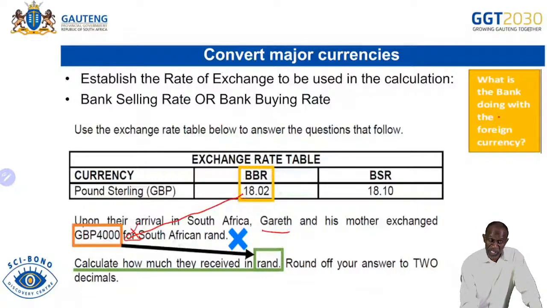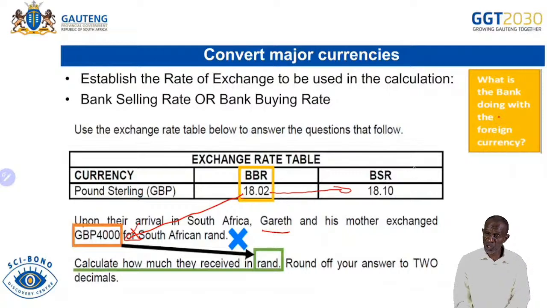And what you need to look at here is also the rate. Can you see, this is the demonstration to you that the bank buying rate is always less as compared to the bank selling rate. The bank is prepared to purchase these foreign notes using the bank buying rate of 18 rand 20.